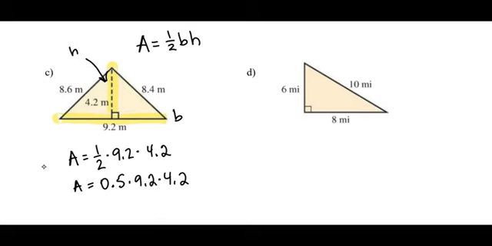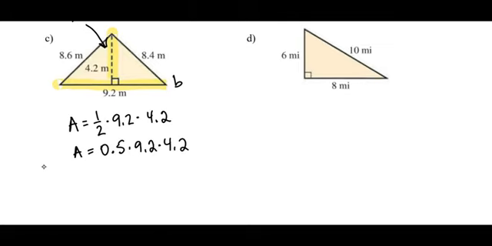So multiply those numbers. 9.2 times 4.2 is 19.32. So the area of this triangle is 19.32. Let's look at the units. We were measuring in meters, so it's going to be meters squared.